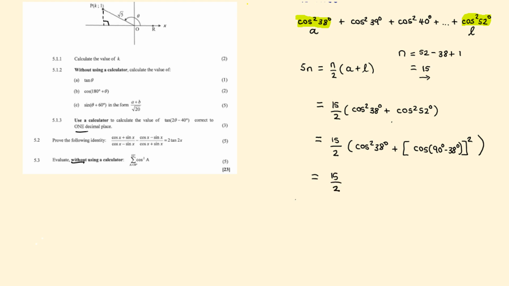This then becomes sine of 38 degrees squared. Okay, now we have an identity inside. We have cos squared theta plus sin squared theta, which is equal to 1. So our answer is just 15/2.